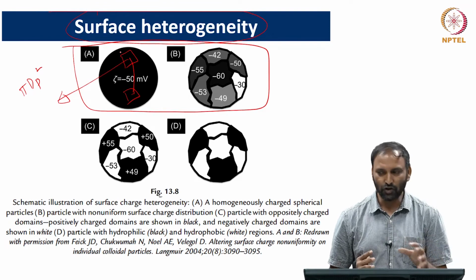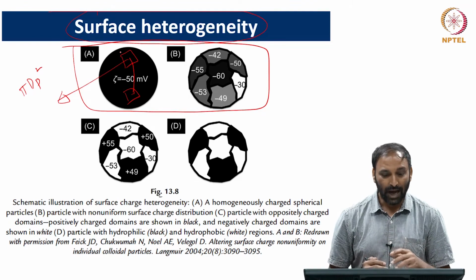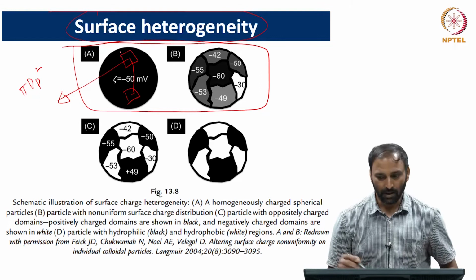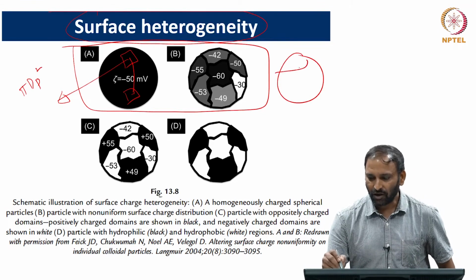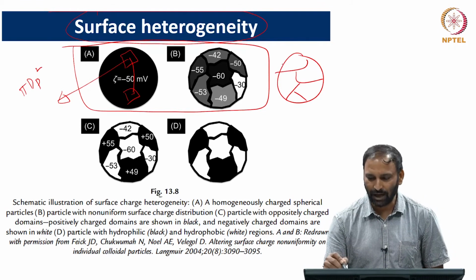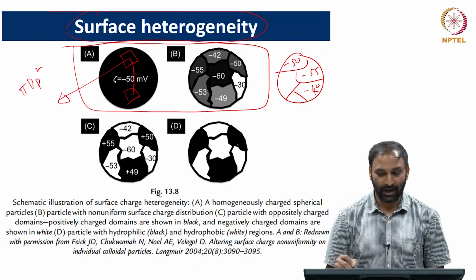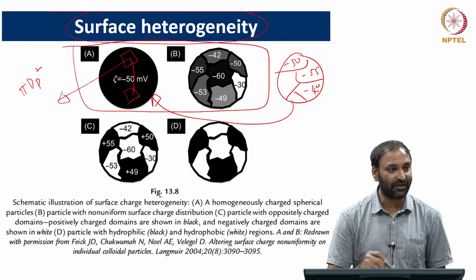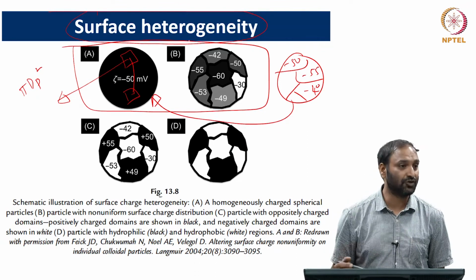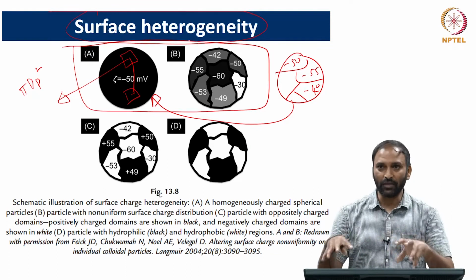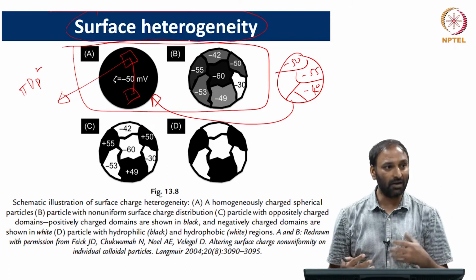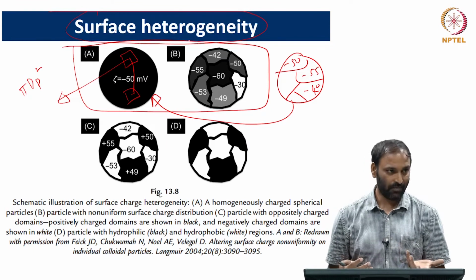Of course, you could have cases where I have a particle which is similarly charged, but if this is my average zeta potential, I could have minus 50 here, it could be minus 55 in some region or minus 40 in some region. That is still an example of a case where I have a surface heterogeneity. That means there are pockets on the particle surface where the zeta potential is not the same.